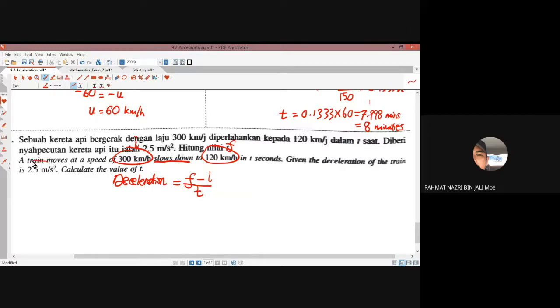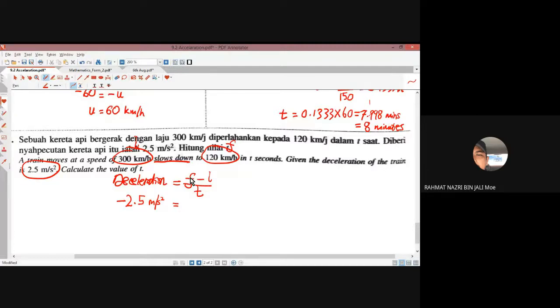Okay, we have a different unit for the deceleration, 2.5 meter per second, but the speed in kilometer per hour. So we have to convert the kilometer per hour to meter per second. In calculation we have negative 2.5 meter per second. This is a deceleration.